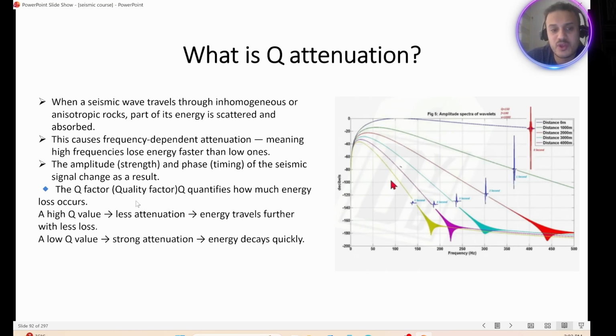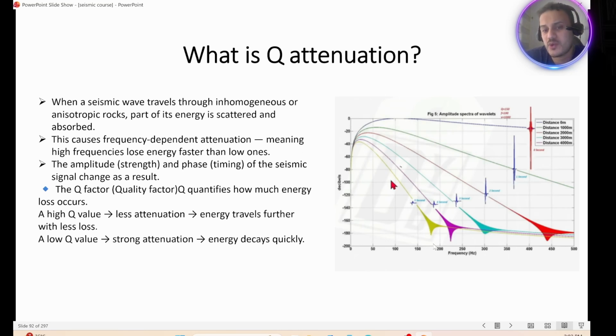We have something called the quality factor, which quantifies how much energy loss occurs. A high Q value means less attenuation, so energy travels farther with less loss. But a low Q means strong attenuation, so energy decays quickly.